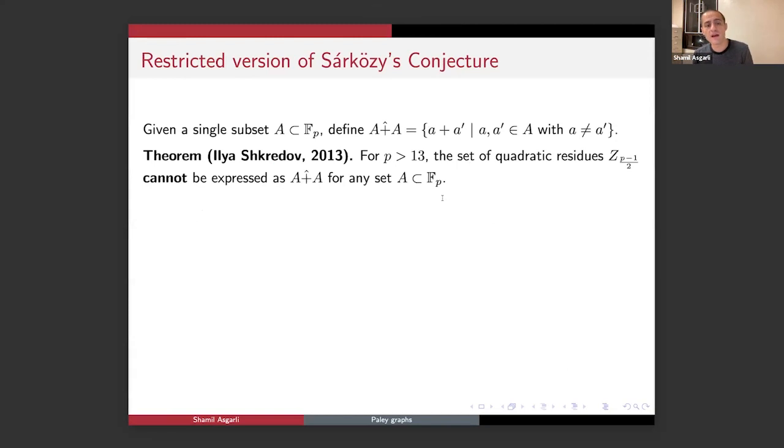Ilya Shkredov showed in 2013, about 10 years ago, that if the prime P is bigger than 13, then the set of quadratic residues cannot be expressed as a restricted sum for any set. This is an amazing result because there's no restriction on the prime.